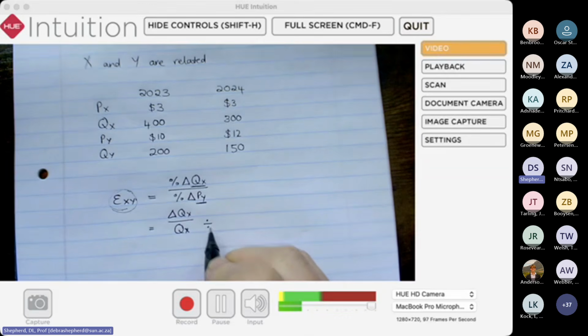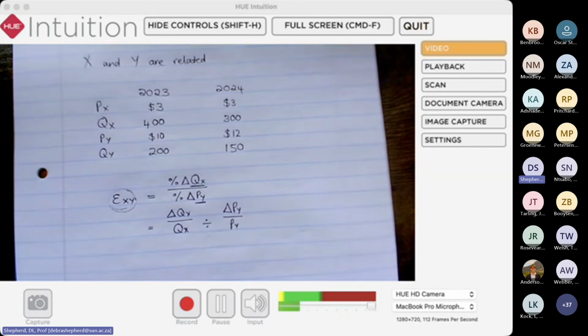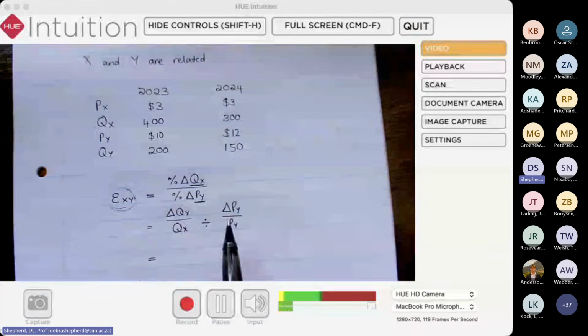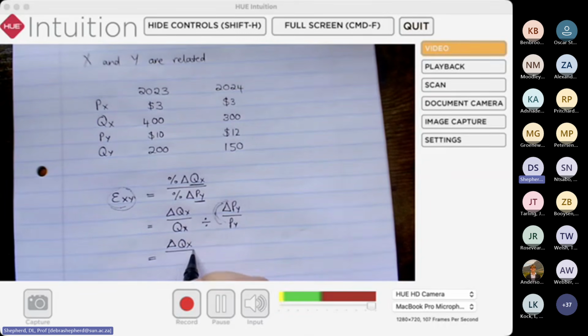And I can also represent the percentage change in the price of Y as the change in the price of Y over the original 2023 price of Y. If I now replace that division sign with a multiply, that means swapping those two around. So I can then re-represent my elasticity as the change in the quantity of X over the quantity of X times the price of Y over the change in the price of Y.